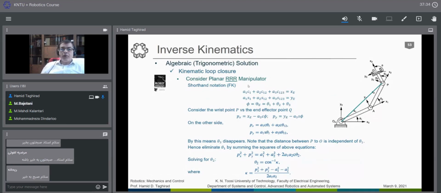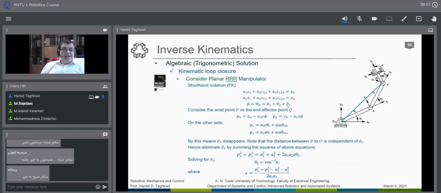So let's define the problem. We have the loop closure method as we had before, and we have defined the forward kinematic problem as shorthand, as I mentioned there, with 3 equations. These 3 equations we derived several times: 2 equations for the position and 1 equation for the orientation.